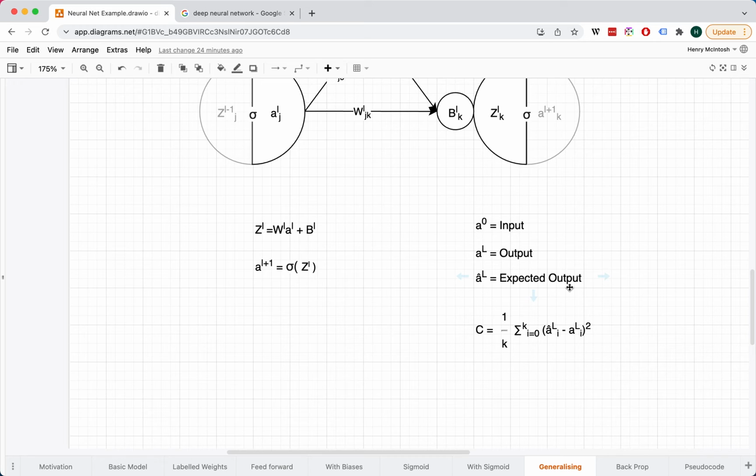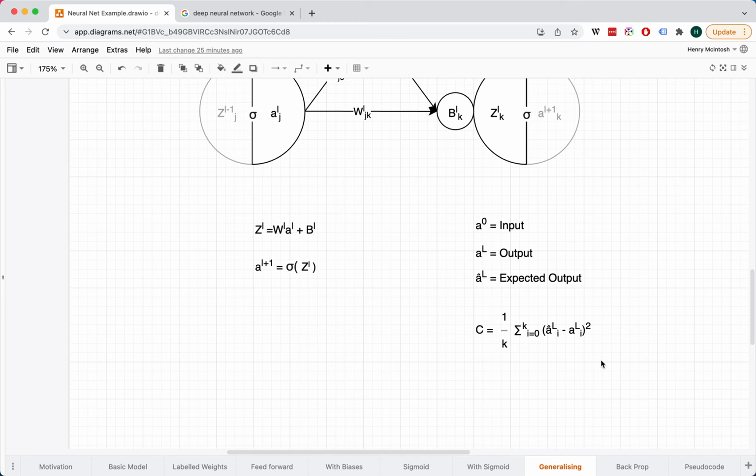So one of the things with neural networks is you need something that you're trying to optimize for, right? You need to know what your definition of correct is, and therefore use that to figure out your gradient. So we feed in some example input where we know what the output should be, and we can figure out how incorrect we were, what the cost was of feeding that thing forward through the system, how wrong we were.